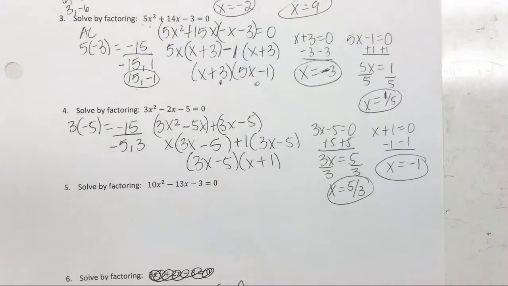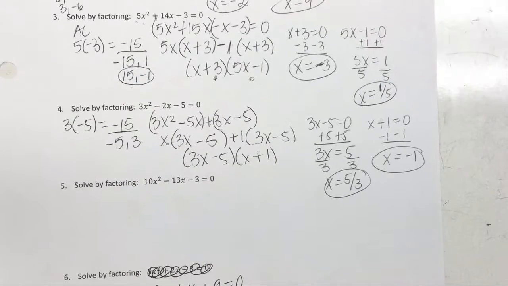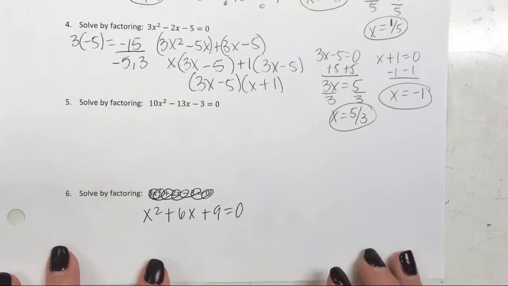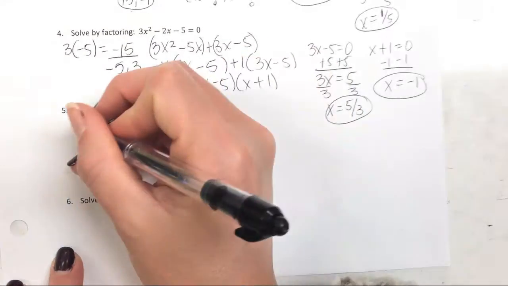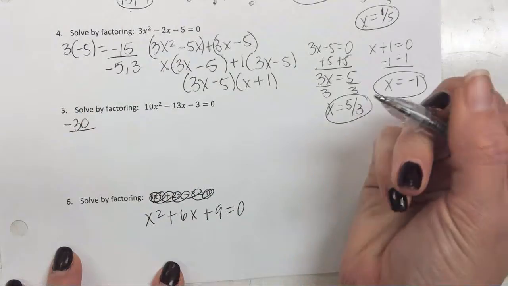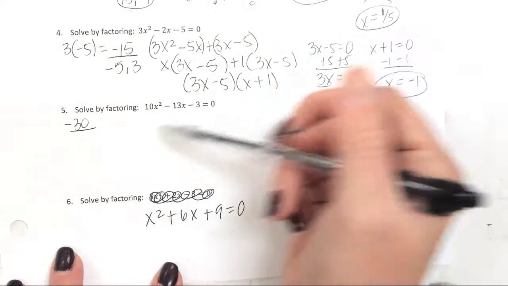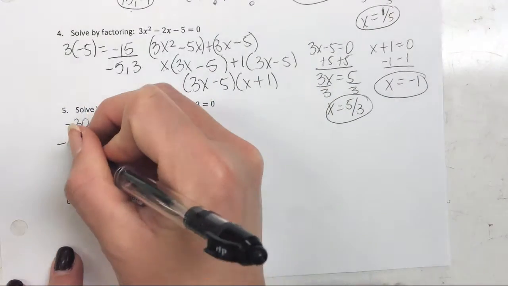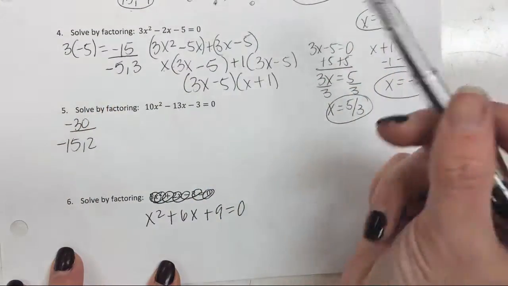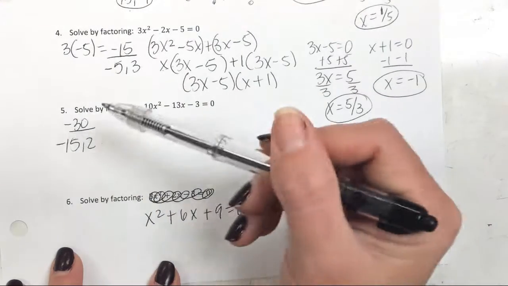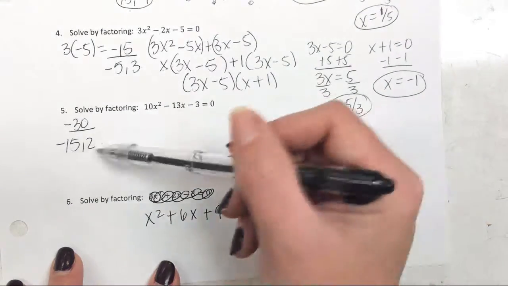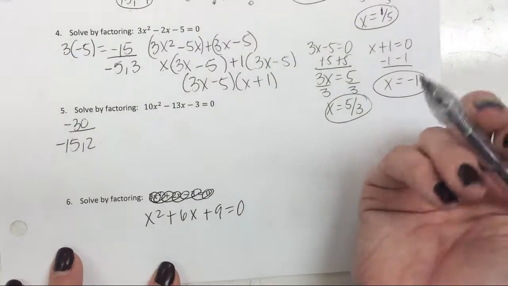Alright, 2 more. So these I'm going to go through pretty quickly, so if you need to slow down, you can always pause it, and you can always rewind the video, so just go at your own pace. Alright, this next one, I'll have to do 10 times -3, that's -30 and finding factors of. So to add together to get -13, I can use -15 and 2, because -15 times 2 is -30. -15 plus 2 is -13.